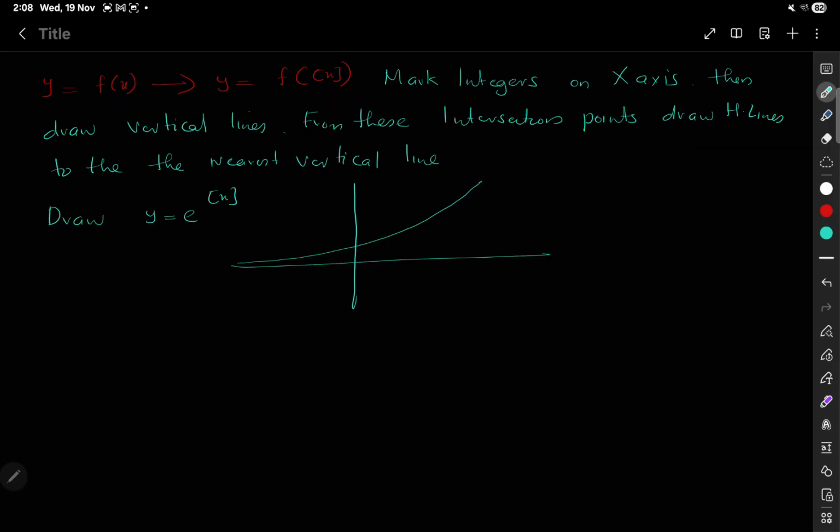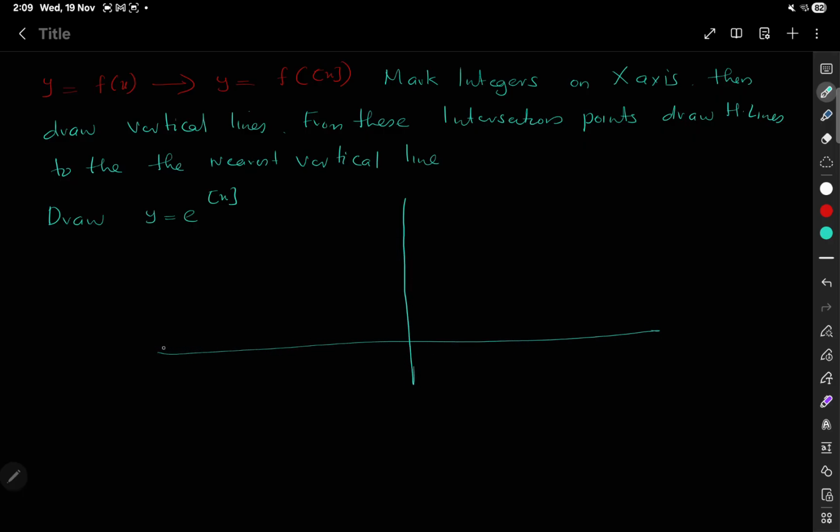Okay. Then what to do? Let me make a big figure. Okay, this is e power x, not a perfect one. Now you mark integers -1, -2, -3, that's enough, -4.